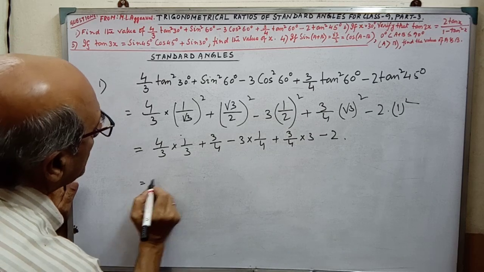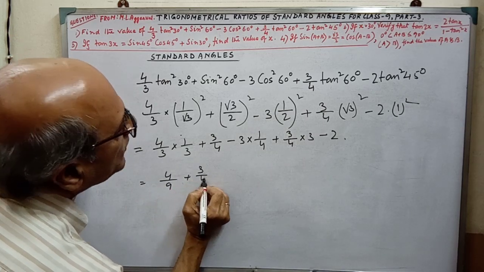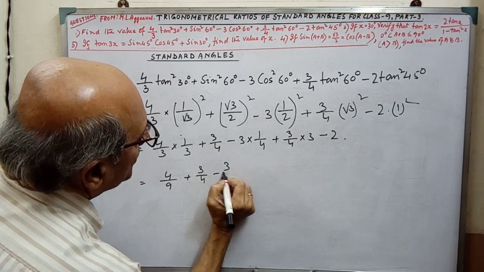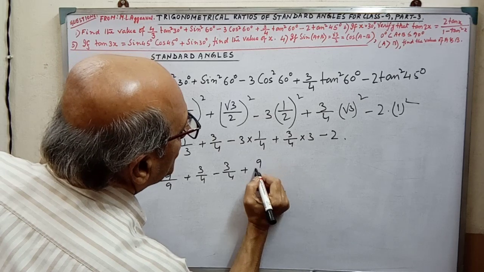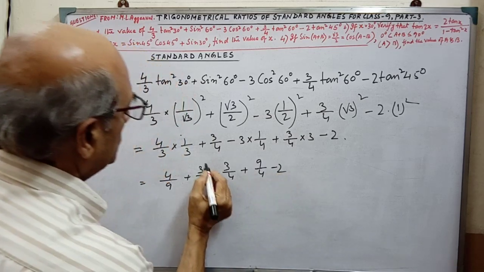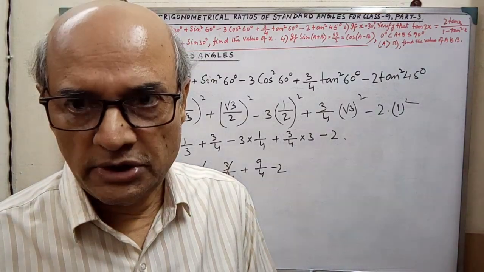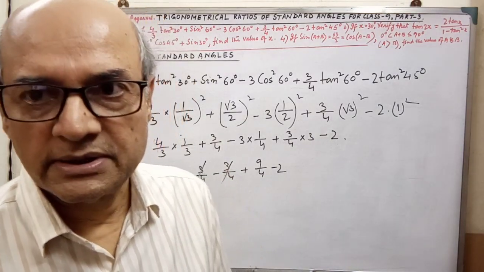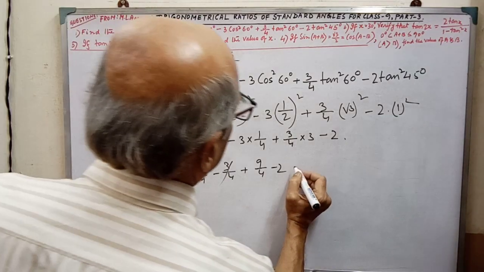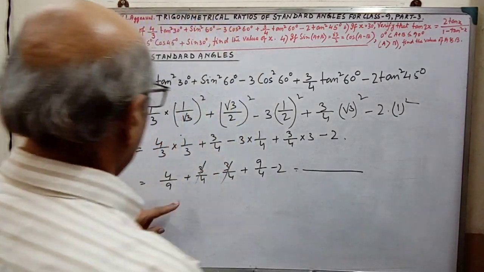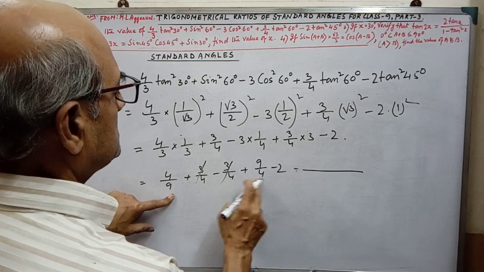After that, 4 by 9 plus 3 by 4, this is 3 by 4 plus 9 by 4 minus 2. This will be cancelled. Simplify values, if you remember, then other things will be very simple. Then we have to take the LCM, LCM of the remaining part.